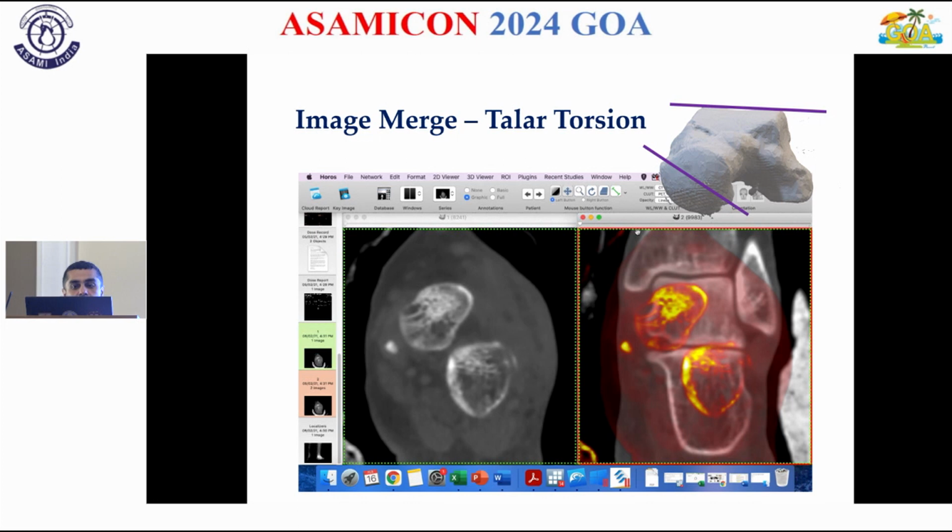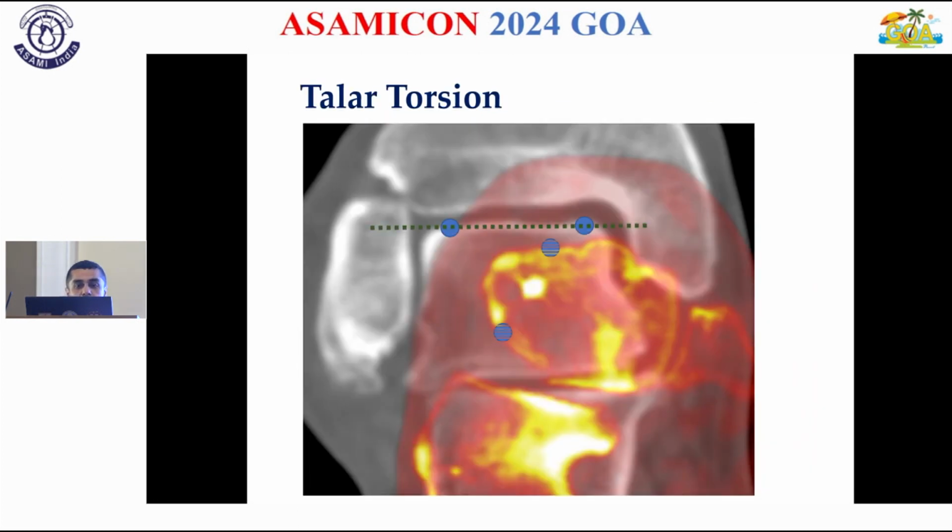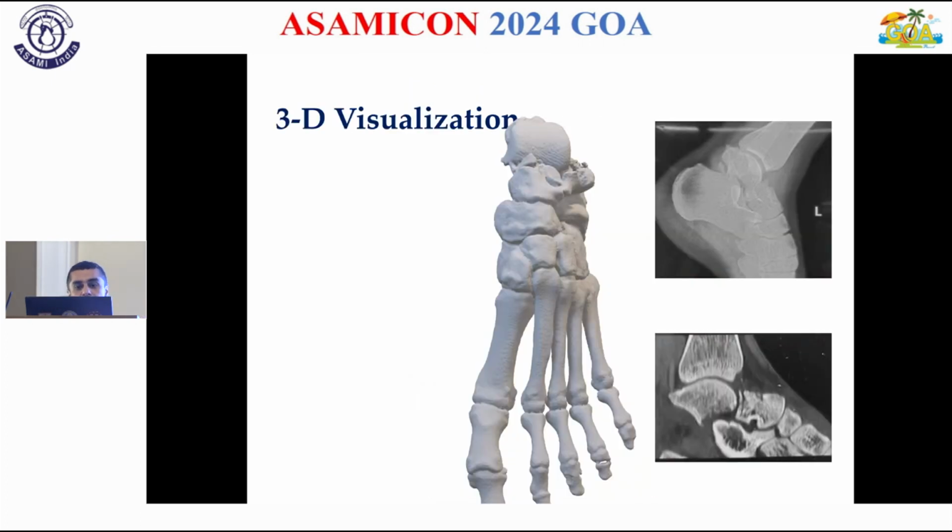You have something called image fusion. Now you have a fused image, and you can measure torsion on this image. The same application can be used for humerus, forearm, femur, tibia, any bone you want, as long as you have a proximal and a distal reference fragment, following the principles of deformity correction.